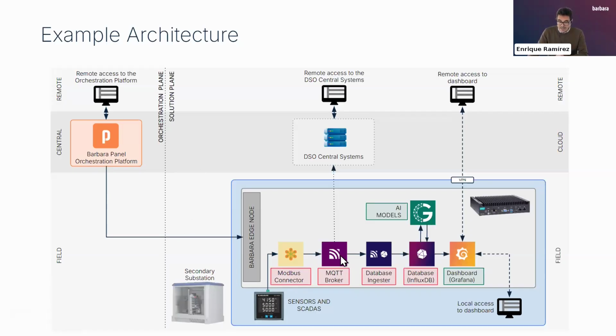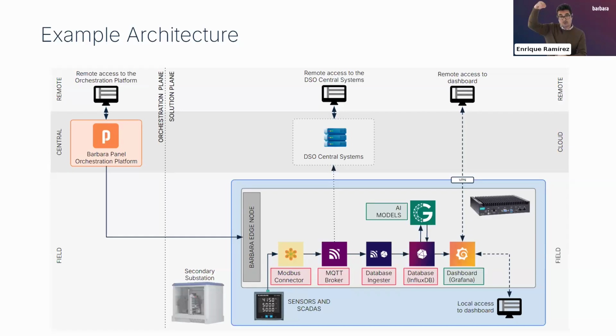Again, since we have this broker here, we could connect this broker, this messaging service, to any central system on the DSO. So this way we can use this messaging service to alert, to send consolidated results, to send, I don't know, events, or to integrate the functionality we have in the edge to any processing service you have on the central system.